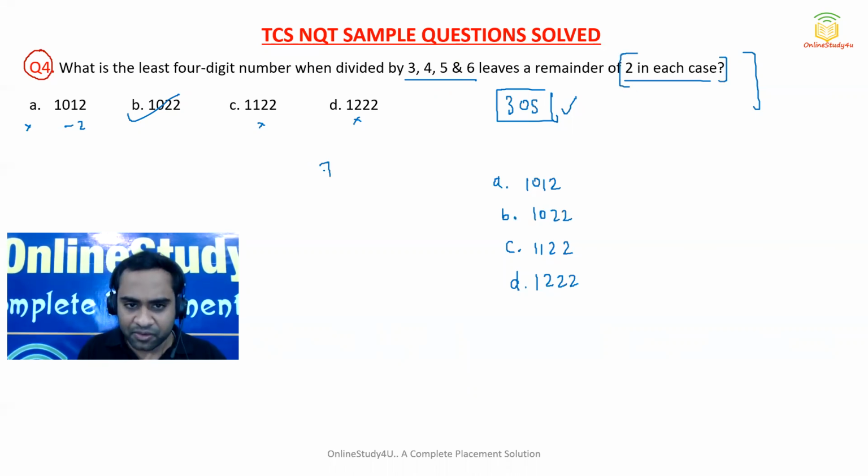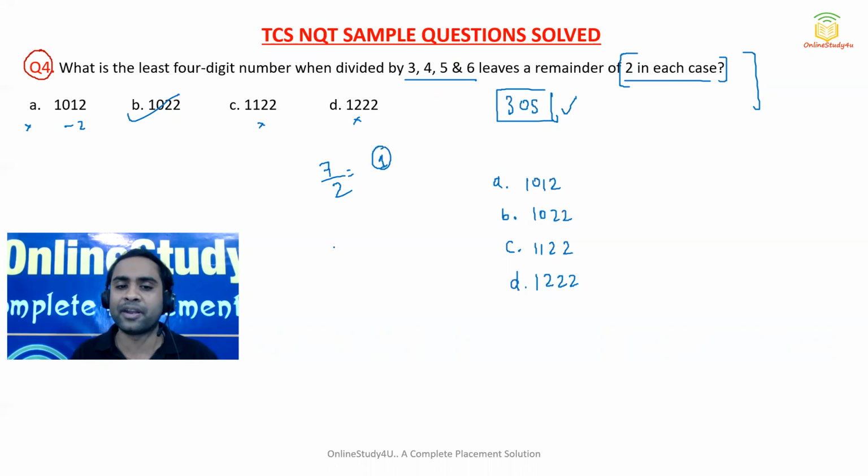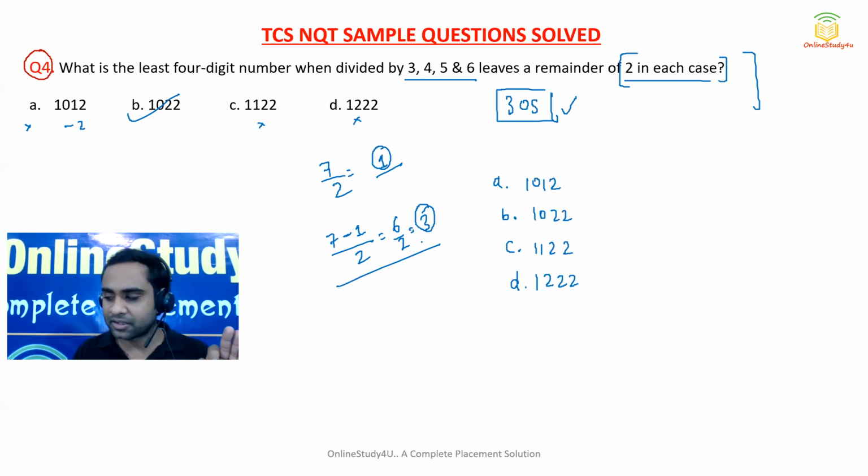Friends, if I ask you to divide 7 by 2, what will be the remainder? The remainder will be 1, since 2 times 3 is 6. Now, whatever remainder you get, if you subtract it from 7, then that number should be completely divisible by 2. I hope you understand. Now the same thing I am going to do here.